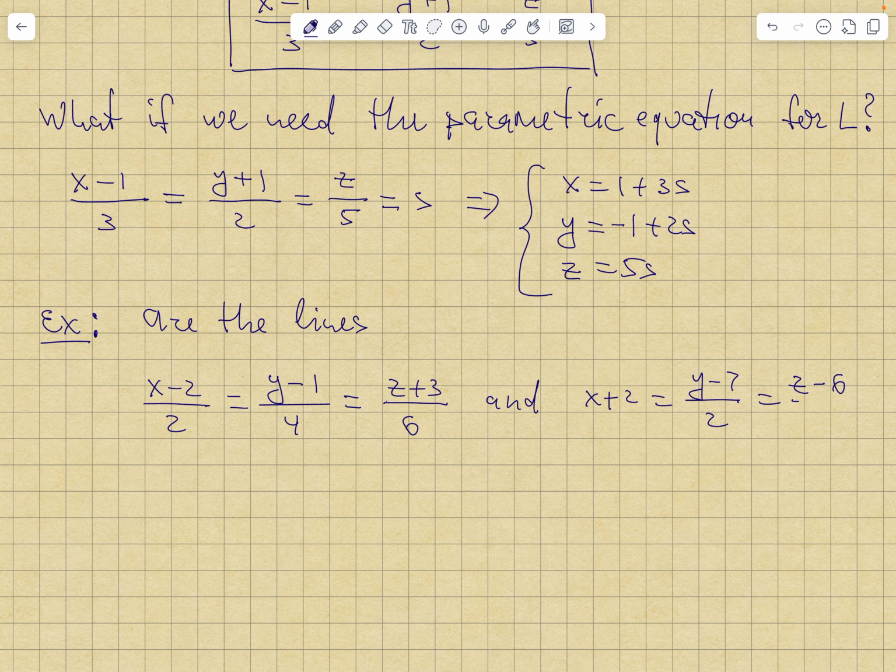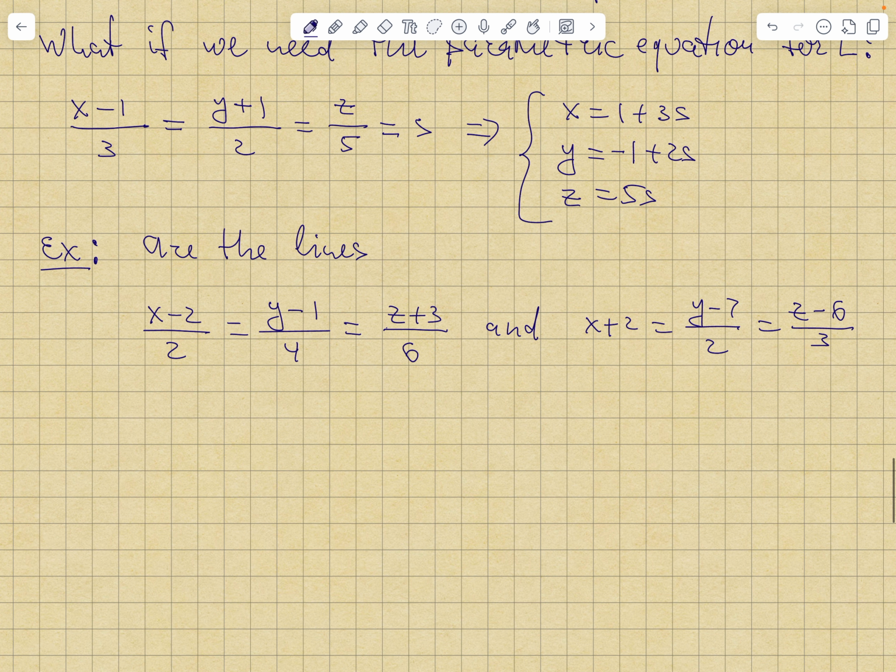Are these lines intersecting, parallel or skew? Right? Because if we are in 3D, then two given lines can either intersect, be parallel, or be skew. So skew is kind of intersecting, but at some angle to each other, but actually not intersecting each other.